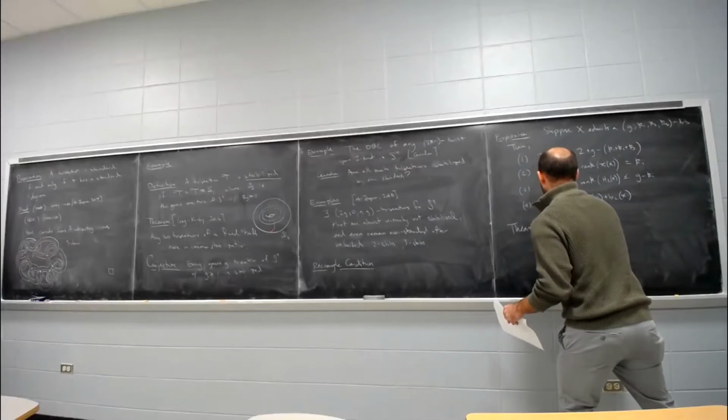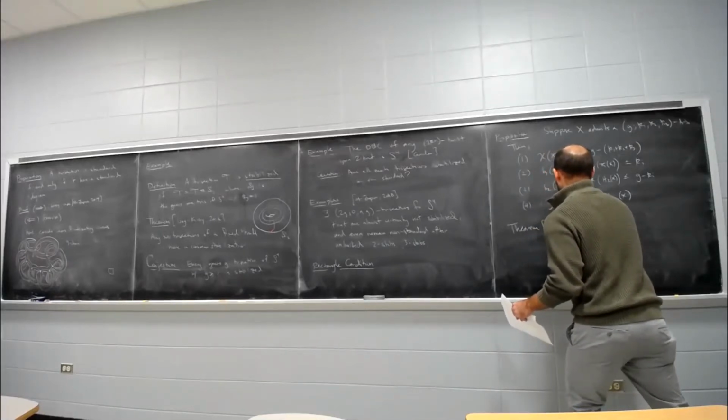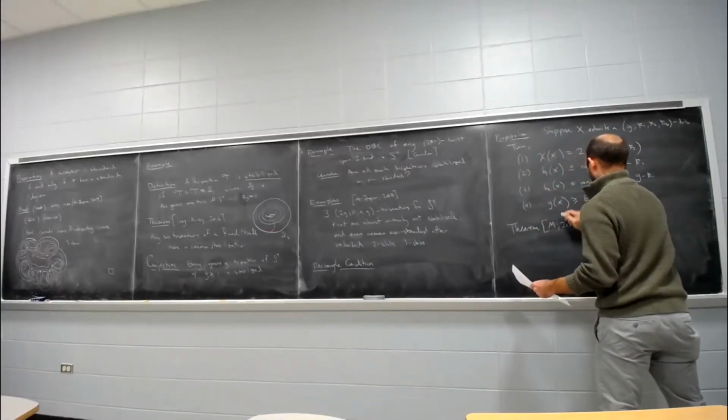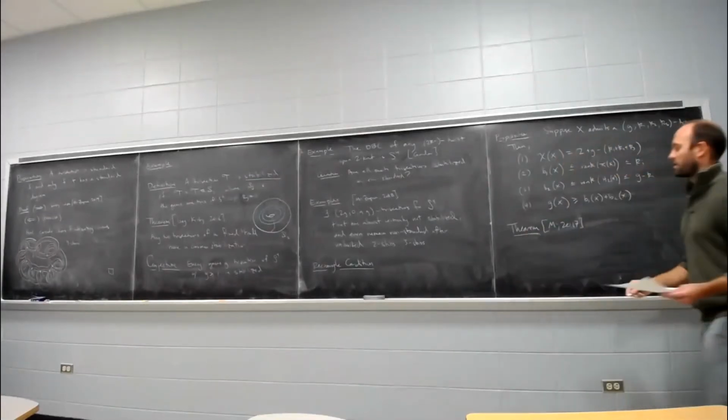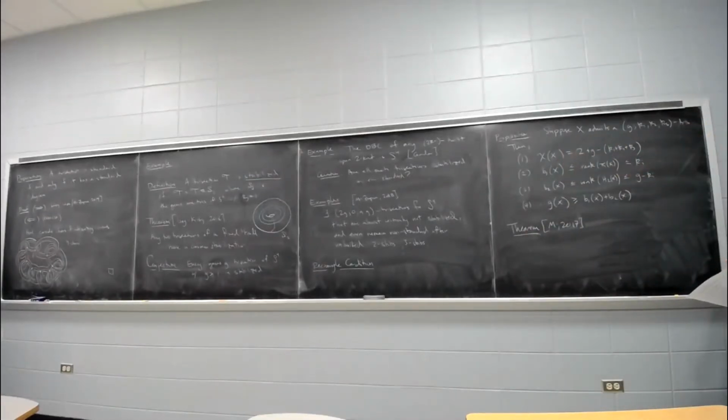Okay, and then you can use these lower bounds to show that there are infinitely many distinct four-manifolds with trisections of almost any sort.